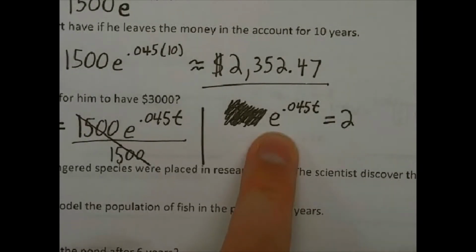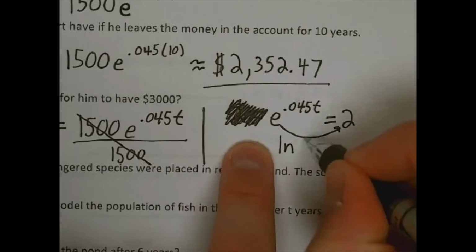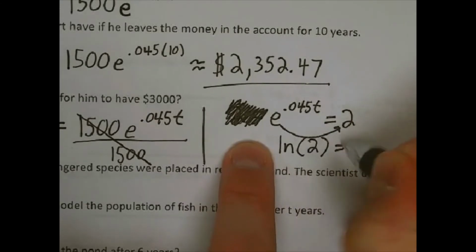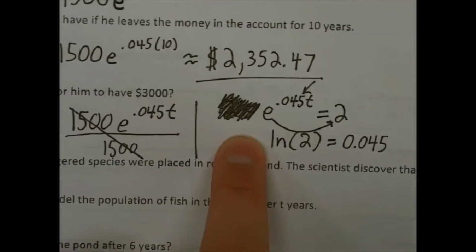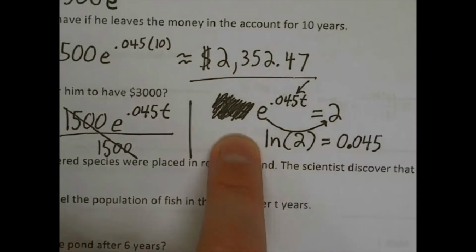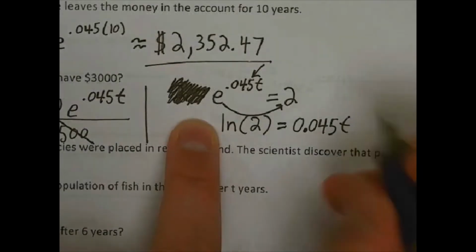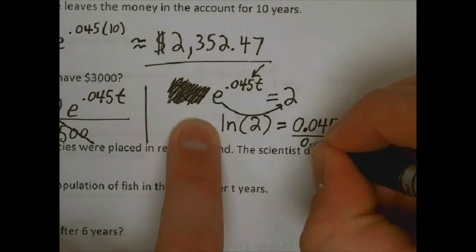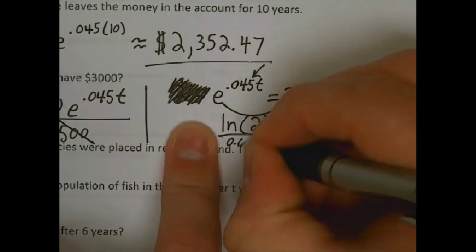So if I do left, right, middle here, E turns into natural log. So I'm going to put LN in. So left, right is 2, natural log of 2 equals the middle, which is 0.045 T. So I'm going to divide 0.045 to both sides.